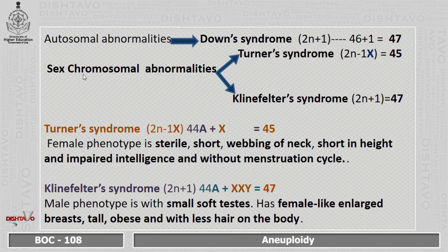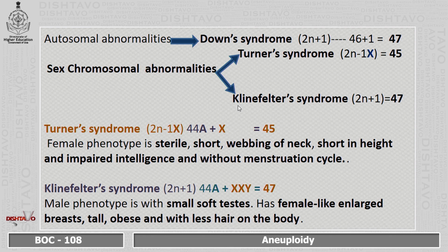Allosomes are sex chromosomes. So, when there is an abnormality of addition or deletion of the sex chromosomes, then there are different syndromes. We have already done Down syndrome, which is the 21st chromosome addition. So, it is the Down syndrome with 47, it is the autosomal abnormality. Whereas here the sex chromosomal abnormalities are of 2 type examples we will do today. Turner syndrome, wherein one X is less and the individual has only 45 chromosomes.